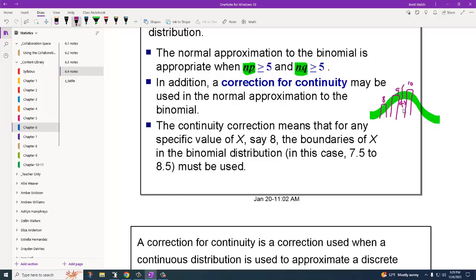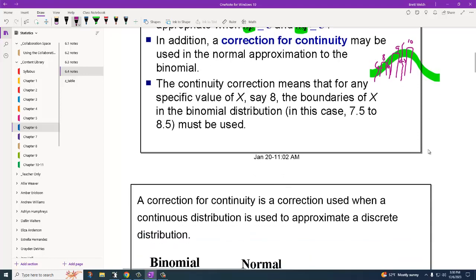And so we split these in half, and we do what's called a continuity correction by adding those values towards the 9.5. So for instance, if I want the probability of getting 8, I would have to look all the way over to 8.5 and all the way to 7.5 in order to say all that data belongs with the 8. We're going to pull that data together to correct for that.